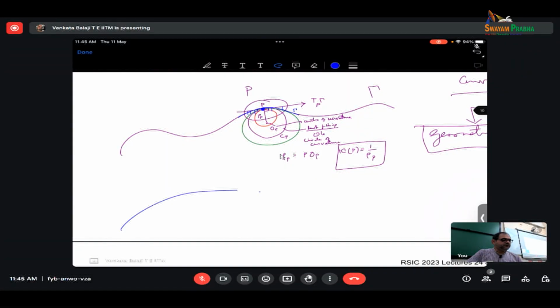So when you do calculus, I will tell you what the calculus method is. It's very, very easy. Basically you have the curve. How do you get the tangent to the curve? You take a point, you take a nearby point, draw the chord, and then make this nearby point come closer and closer, then the chord becomes a tangent.